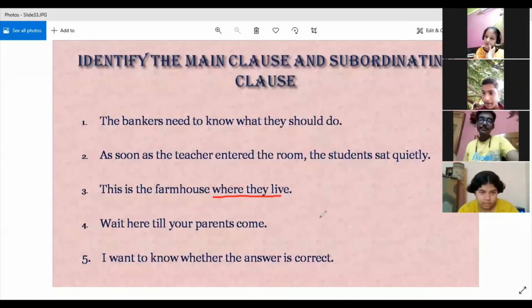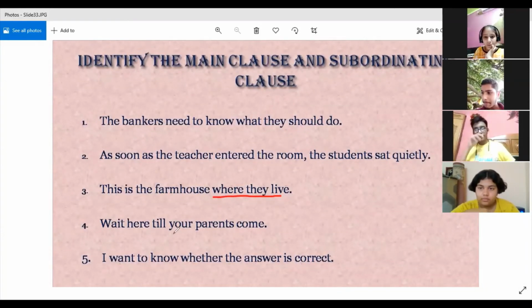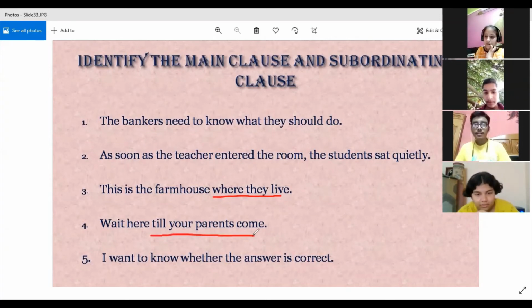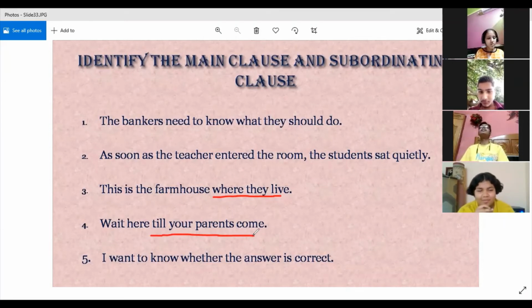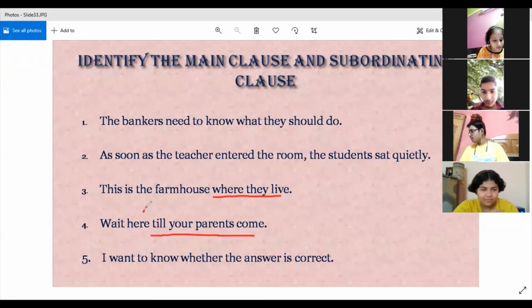Fourth one. Yes, Tasneem? Wait here is the main clause, and till your parents come is the subordinate clause. Correct. Which type of subordinate clause is it? Ma'am, I'm quite confused by this. Okay, what idea do you get when you read till?